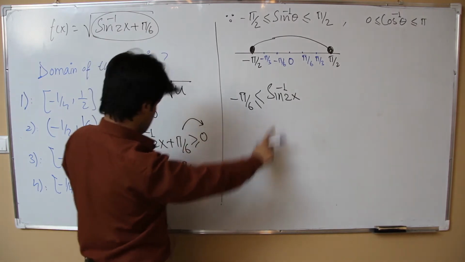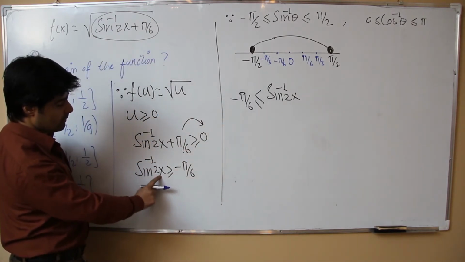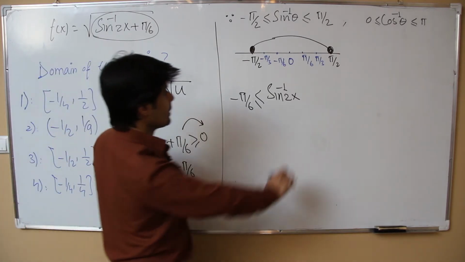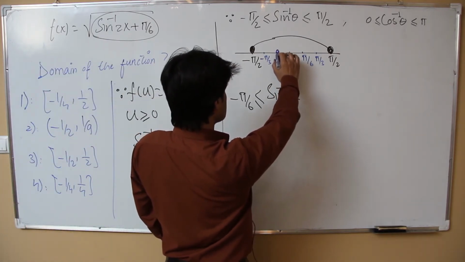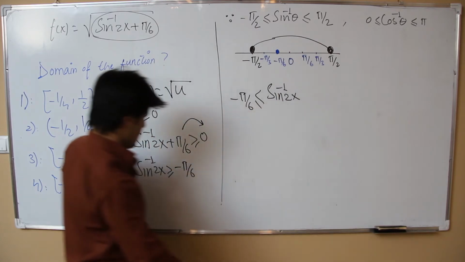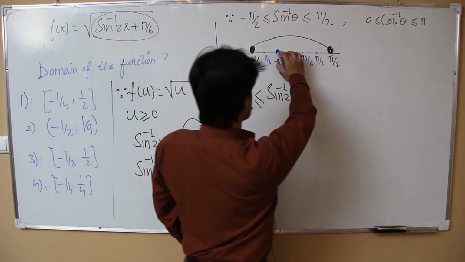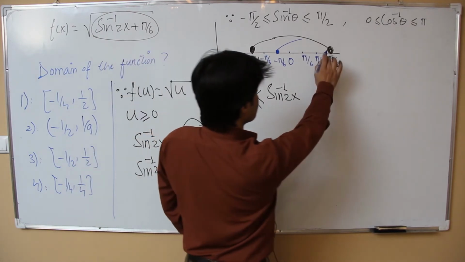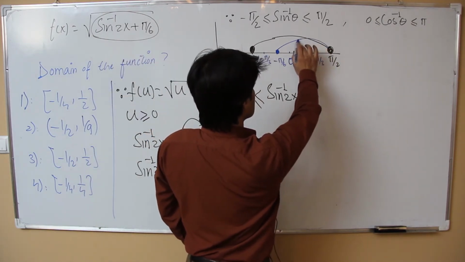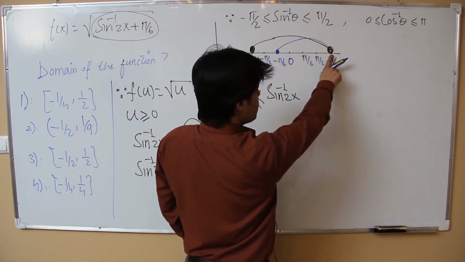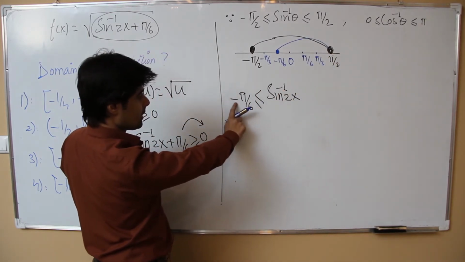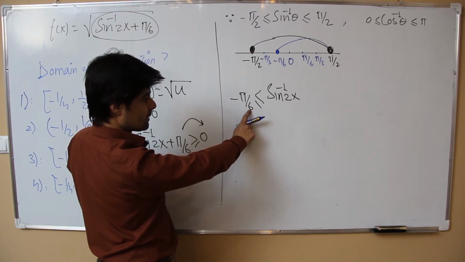The value of sine inverse of 2x should be greater than minus pi divided by 6. This is minus pi divided by 6, and the value should be equal or greater in here, up to where? I think up to this one. It means sine inverse of 2x should be greater than minus pi divided by 6.